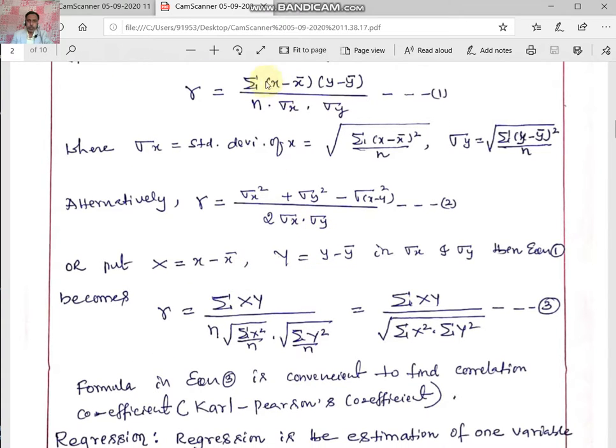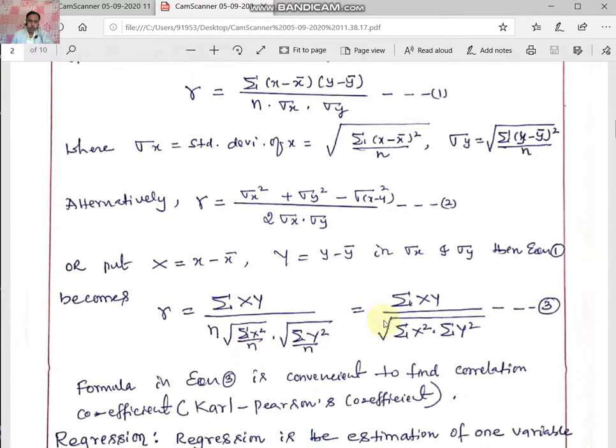Or we can put in this definition capital X is equal to x minus x bar, capital Y is equal to y minus y bar, in the standard deviation of x and standard deviation of y. Then equation 1 can be written as r is equal to sigma XY divided by n into root of sigma X square by n into root of sigma Y square by n.